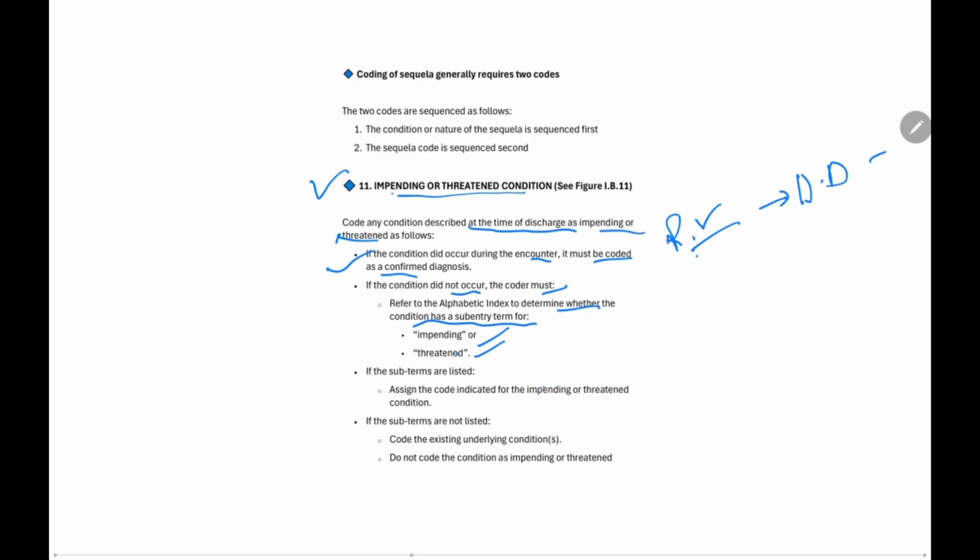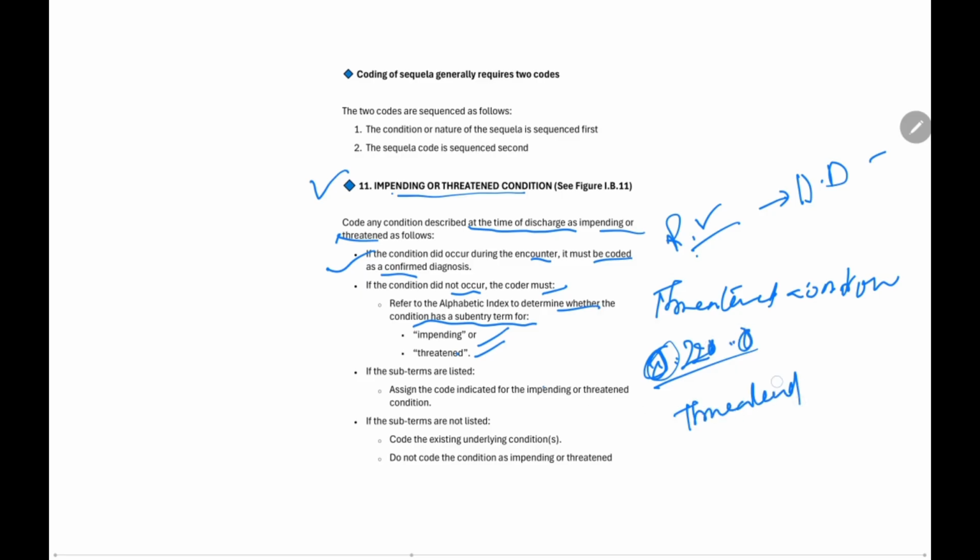Okay, so example, let me tell you. We have a threatened abortion code. It did not occur before. So this is an obstetric O code, O20.0 is the threatened abortion. So a patient is admitted with threatened myocardial infarction. Then what will you do? The MI has not happened yet, so you will code I, which means it is about to happen.